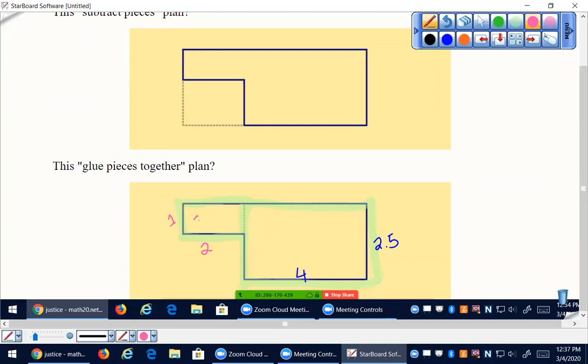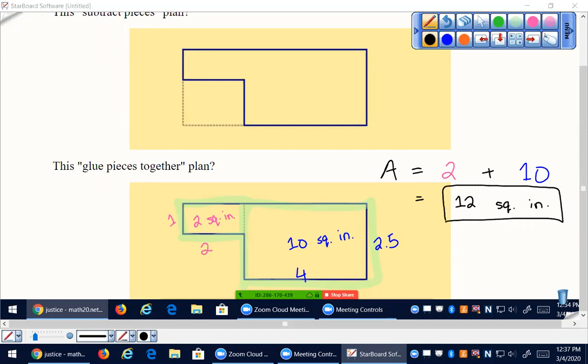So 2 times 1 is 2. 4 times 2.5, well, 4 and another 4 is 8, and then half of 4 is 2 more, so 10. So then the area is going to be the little rectangle plus the big rectangle. Same 12 we got last time, but a different method.